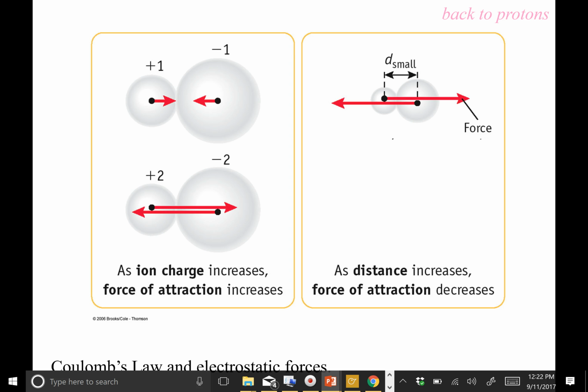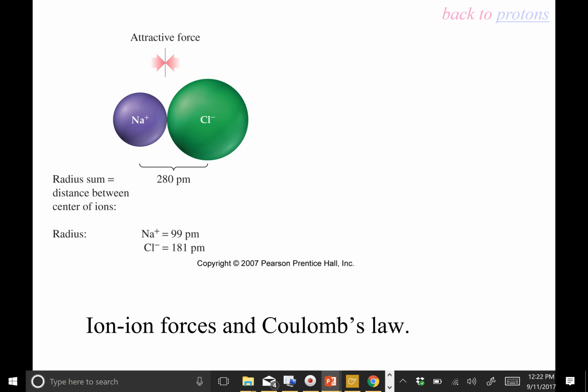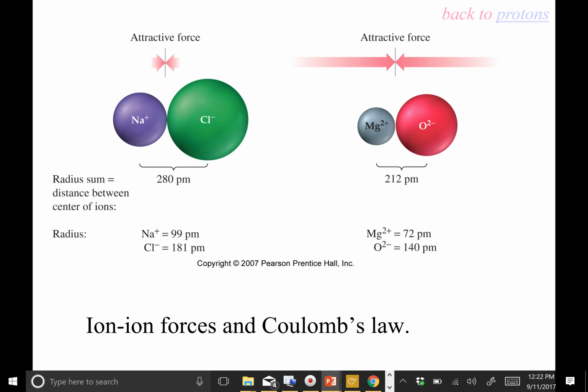So here we have 2 nuclei that are relatively close together, and they would have a relatively strong attractive force. And here we have 2 nuclei that are farther from each other. The most likely reason is that the electron cloud is not letting them be as close together. Sodium and chlorine, magnesium and oxygen. So this is an example of that first, where we have a +1 and a -1 and a +2 and a -2.